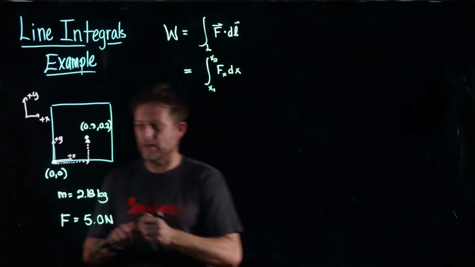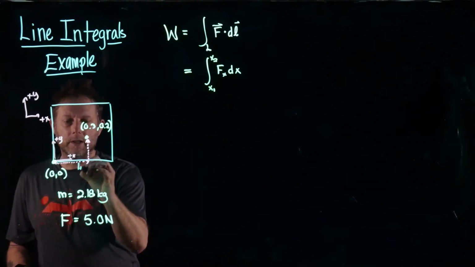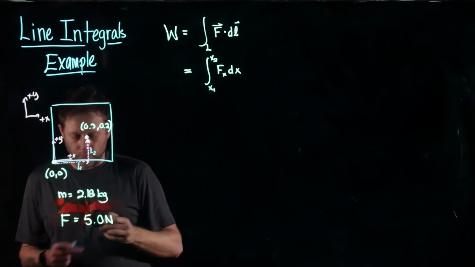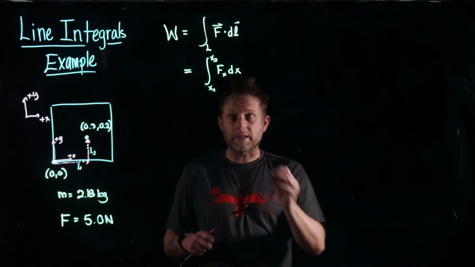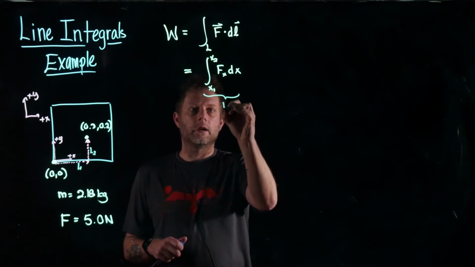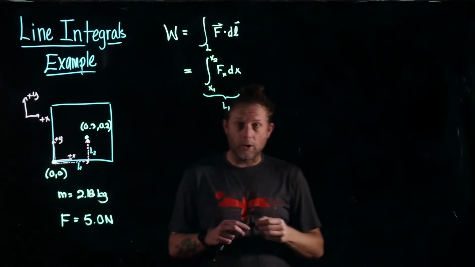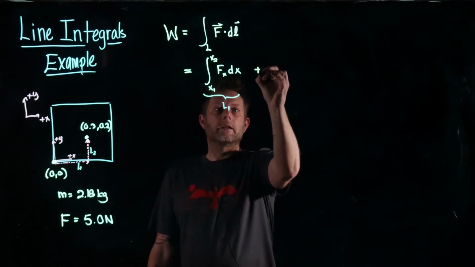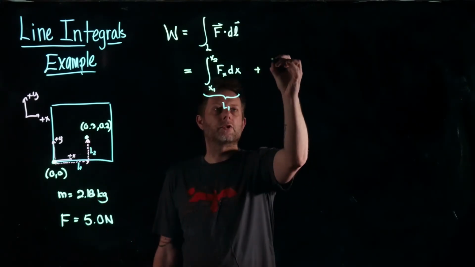So we can break this into two paths. Let's call this here path 1, and this is path 2. So this integral here represents the work along path 1. Then we add the work done along path 2.